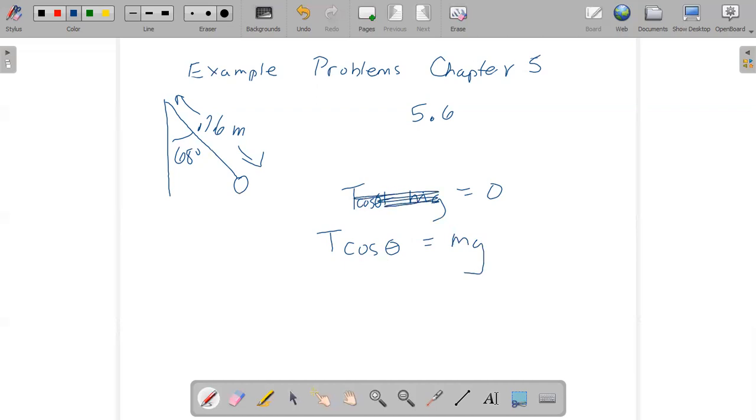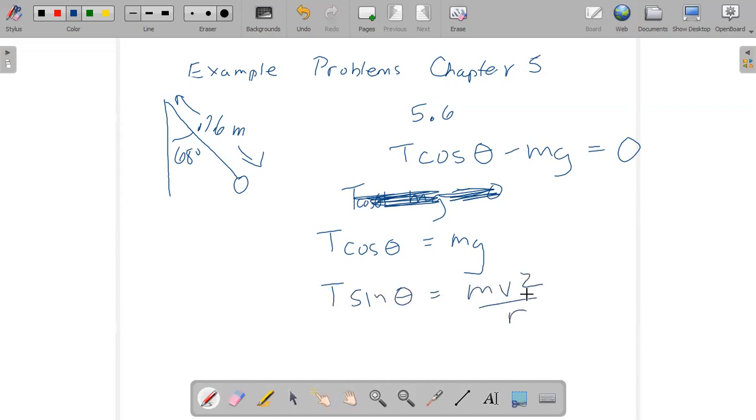I boo-booed, this should be T cos theta minus mg equals 0. All right, sum of the forces in the x: T sine theta equals mv squared over r.